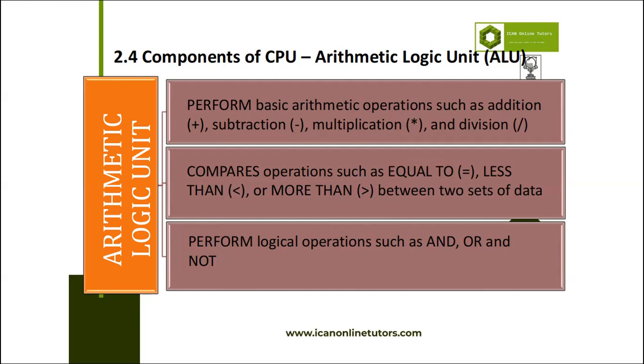An example: if your system is on and it is charging, the light should be on. That is a logical operator because it holds two conditions, and those two conditions must be true before the operation is carried out.